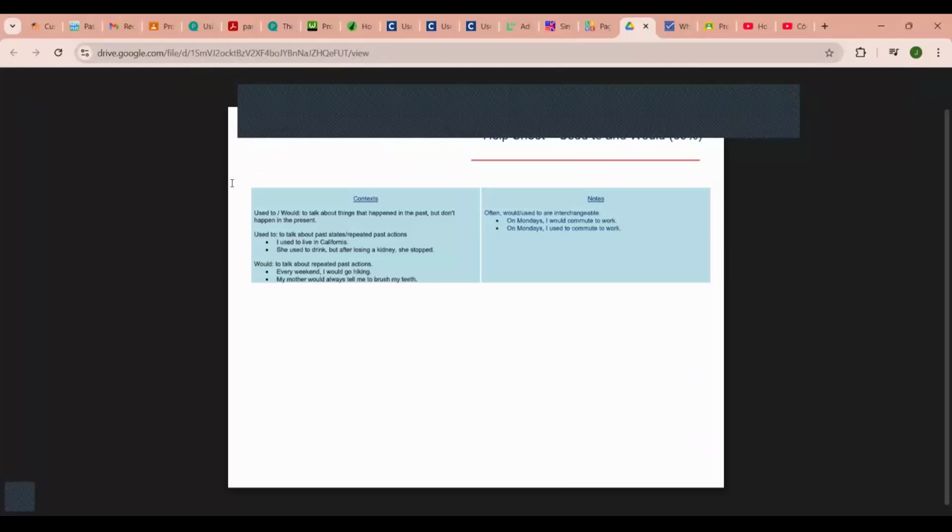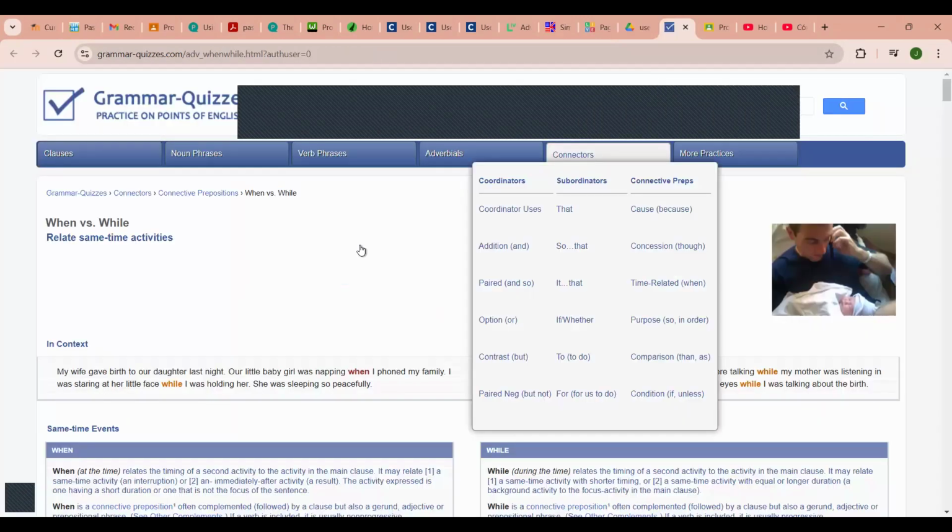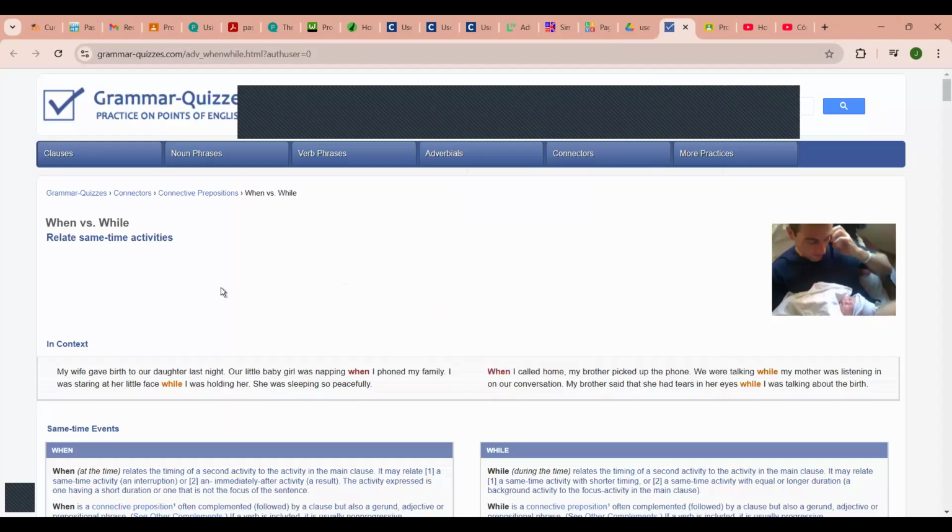So I used to live in California, I used to drink, and would for repeated actions. Every weekend I would go. My mother would always tell me. All right. And of course, if when and while pop up in other situations, you might want to take a little look over this just to be comfortable with when and while. I'll share all of this in our classroom feed.